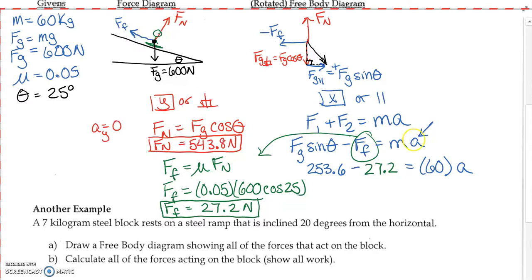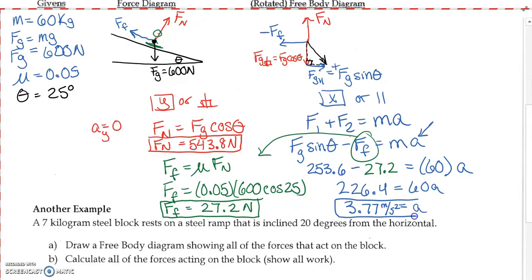Now there is a little bit of rounding going on because I did call g 10, but we're close enough. So 253.6 minus 27.2 is 226.4. We're going to divide that by 60, and we get an acceleration of 3.77 meters per second squared.